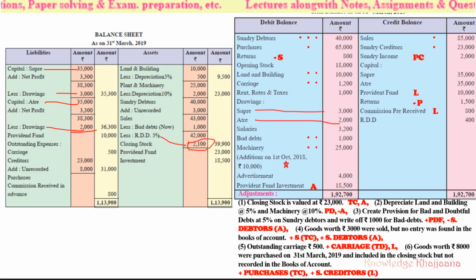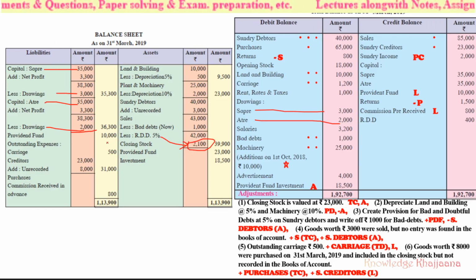Always remember, this value we have to calculate in the balance sheet, that is the percentage RDD on new bad debts. After calculating the new bad debts and other adjustments like unrecorded sales, we can calculate this new RDD, and we have to take this amount to the profit and loss account.